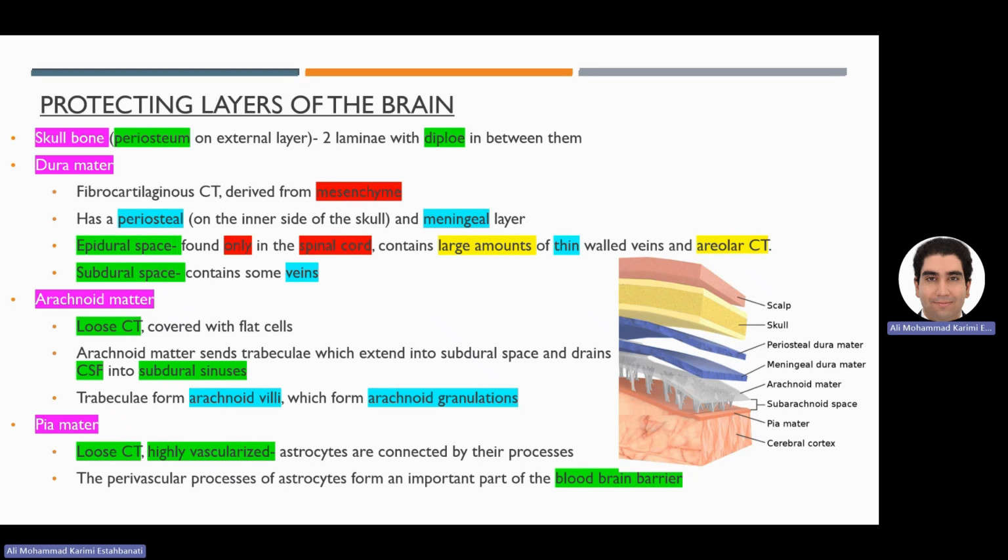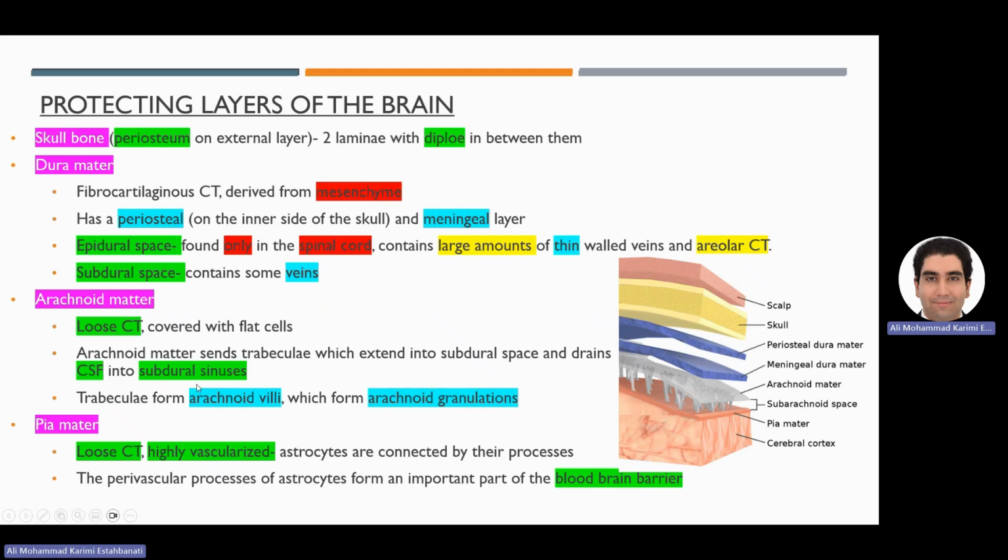Now, let's go to the arachnoid mater. The arachnoid mater, which is this one, has basically loose connective tissue and some flat cells. It is where the arachnoid villi, the trabeculae from the arachnoid villi, will produce the arachnoid granulation, and arachnoid granulation will basically drain the CSF to the subdural sinuses.